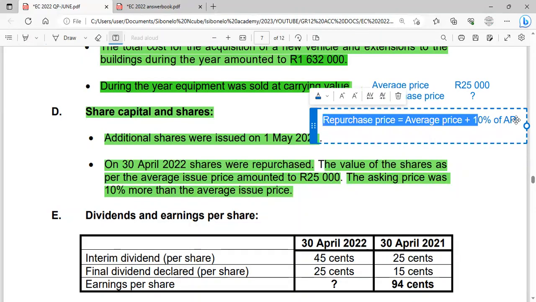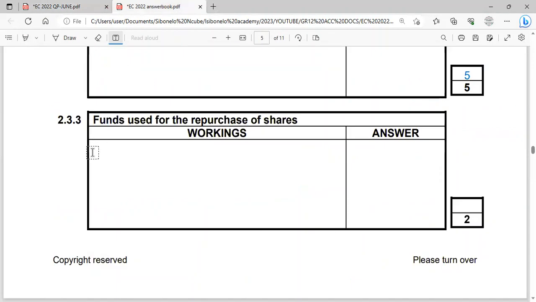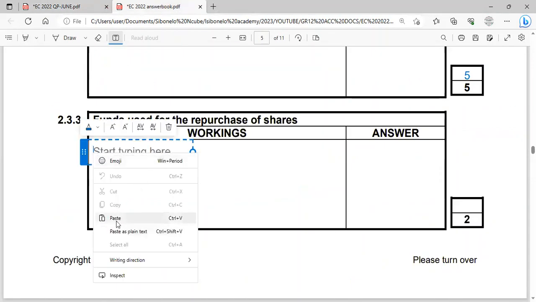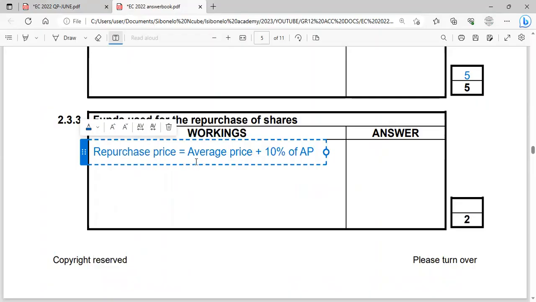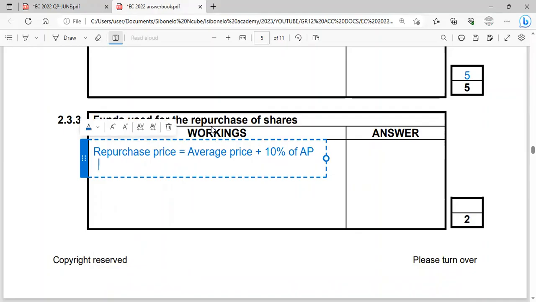So let me just copy and paste, because already this is part of our workings. So I will copy and paste it here. So we must show workings here. So to get repurchase price, we're gonna take the average price, the one that is given of 25,000, plus 10% of the very same average price.